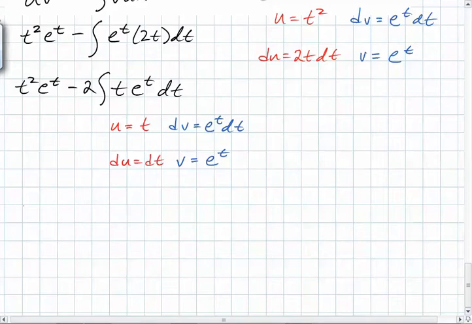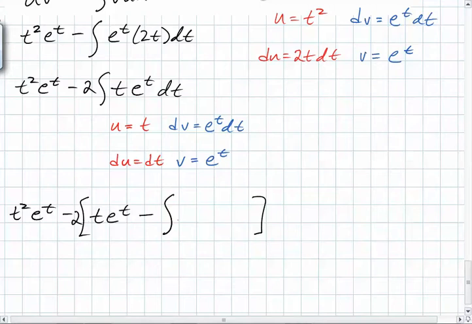We end up with t squared e to the t minus, what does this end up becoming? U times v, multiplied by 2. Thank you. T times e to the t minus the integral of e to the t dt. So what do you end up with?